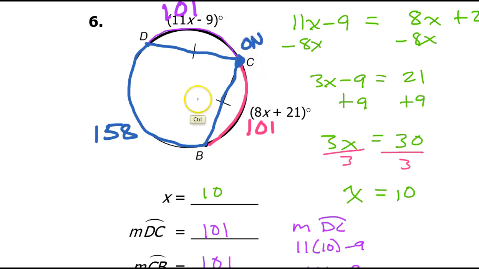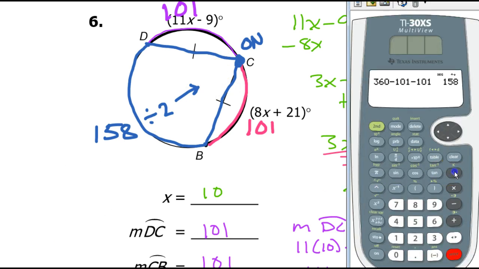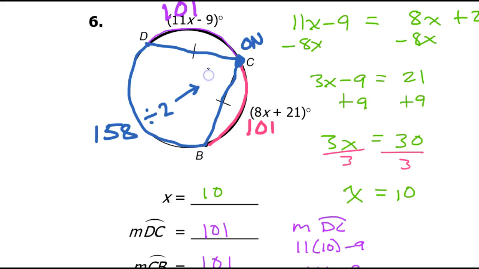And we learned the relationship that when the vertex is on the circle, then the angle is half the arc. The arc is double the angle. So if I just divide by 2, that's going to give me the angle. So that's going to be 79.